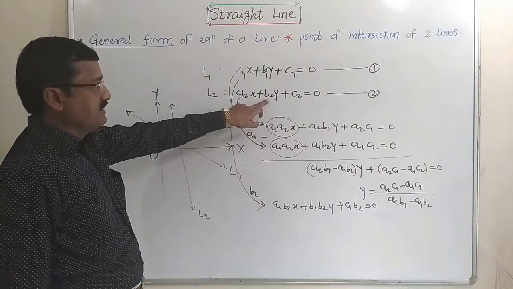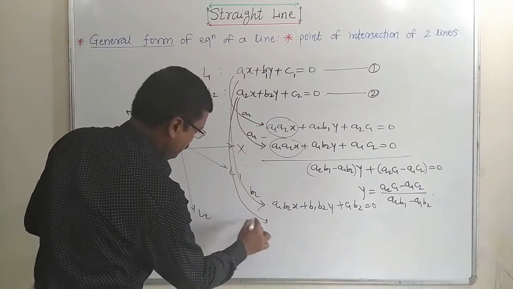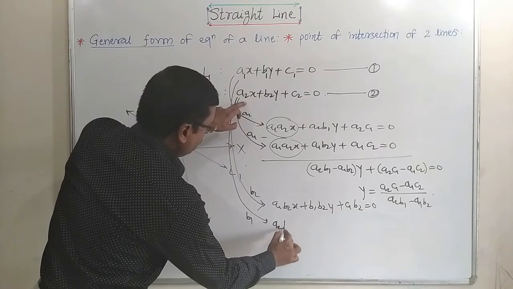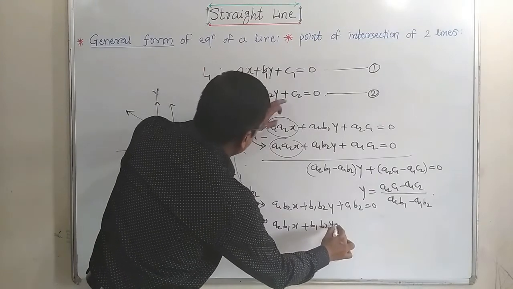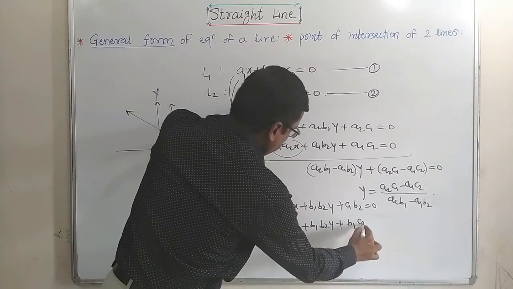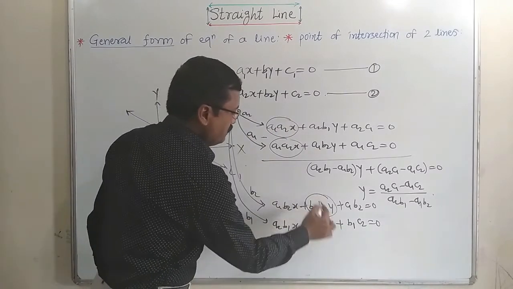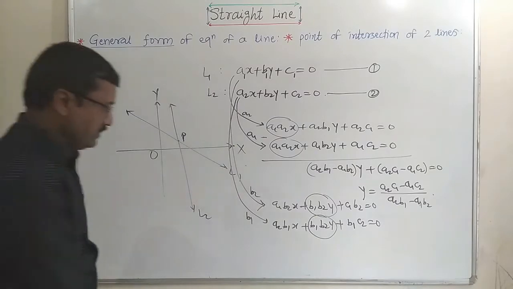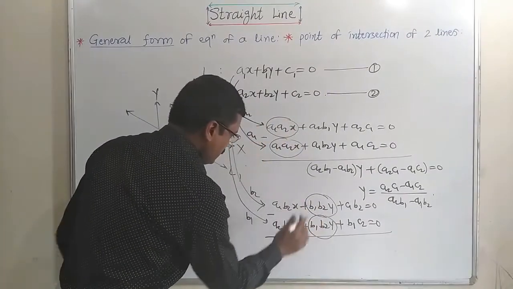And multiplying the second equation by b1, we get a2 b1x plus b1 b2y plus b1 c2 equal to 0. Again in these equations, b1 b2y and this b1 b2y, both terms are the same. So taking the difference of these two equations, subtracting one from another, these two get cancelled.